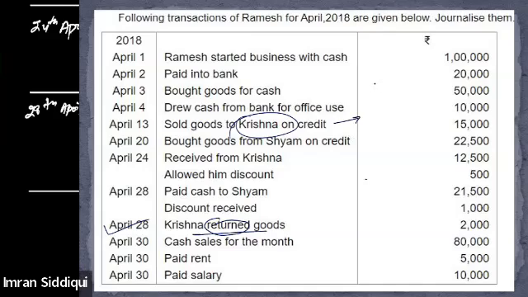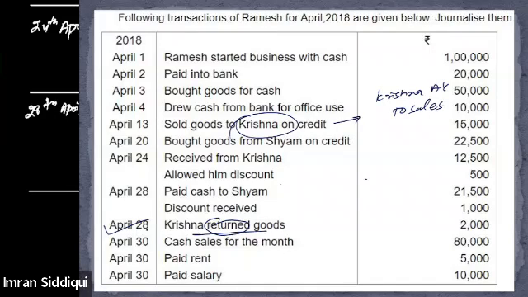Just a minute. Sir, sold goods. Here it will be sales, because earlier at the time of this sale, we have passed the journal entry, Krishna account debit to sales account. Correct.